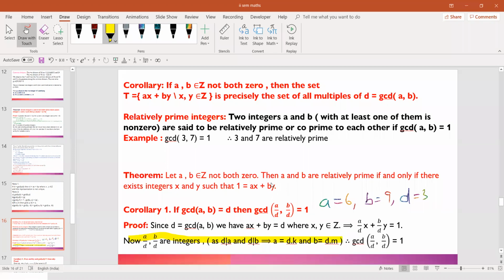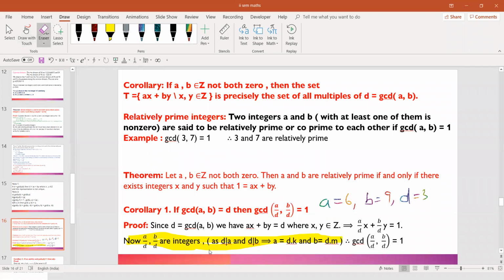This implies this from this theorem. There are many small results.